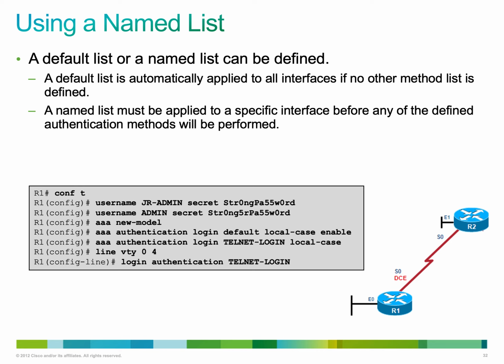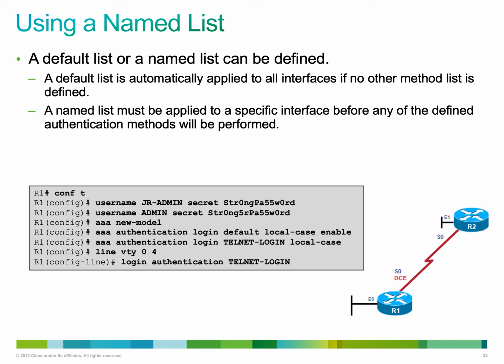Now, using a name list, a default list or a named list can be defined. A default list is automatically applied to all the interfaces if no other method list has been defined or applied. A named list must be applied to the specific interface that you want.